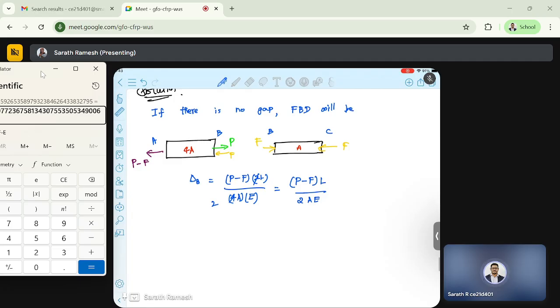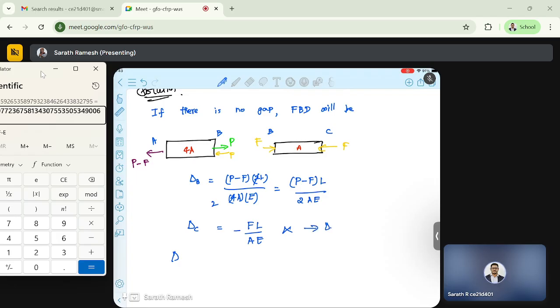How about delta C? Delta C directly it is compression, so minus F L by AE. Fine. Is that right? Is it only minus FL by AE? No. We will be having delta B as well. This is wrong. So this is delta BC actually, right?